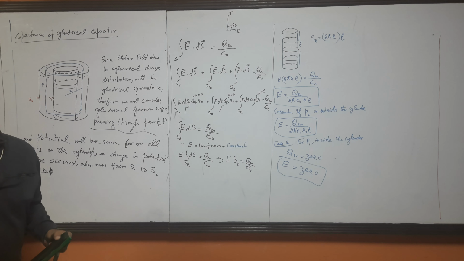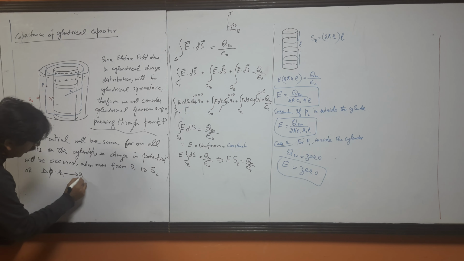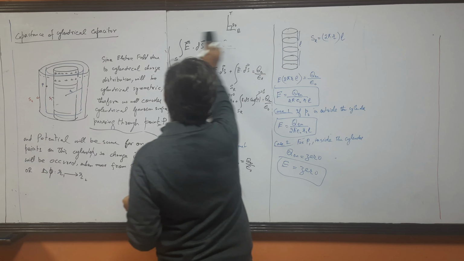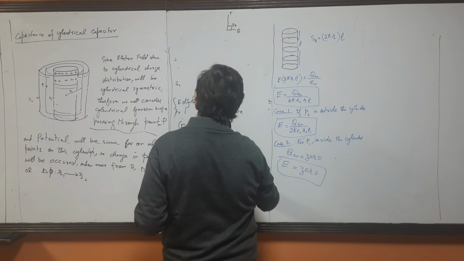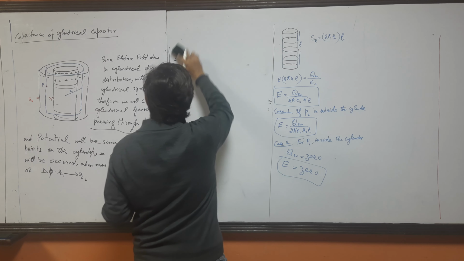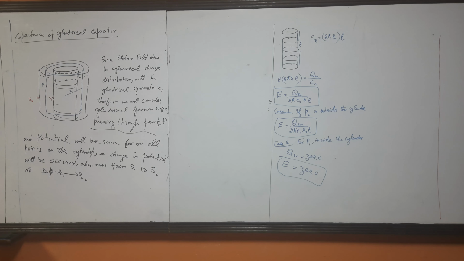Delta phi represents the potential, from R1 to R2. Okay, yes.